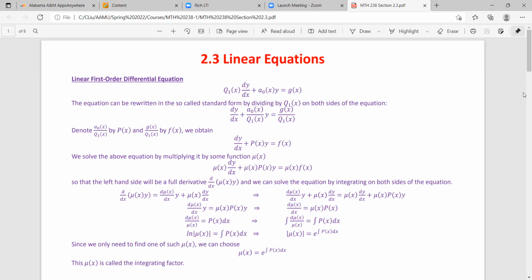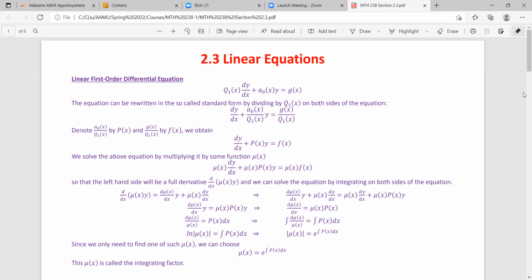And this mu is called the integrating factor. So when you multiply this integrating factor on both sides of the original differential equation, we can solve the differential equation easily. So that's called the integrating factor.